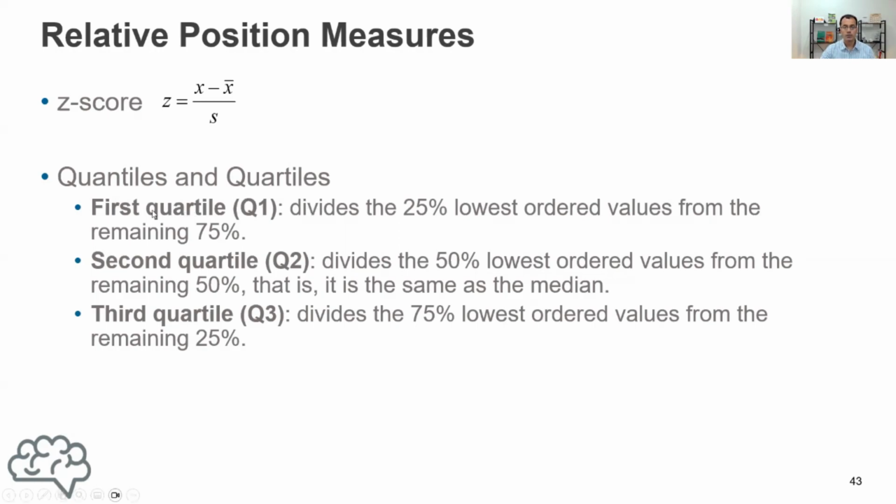As we've seen in the previous class, the first quartile divides the 25% lowest ordered values from the remaining 75%. The second quartile, which is equivalent to the median, divides 50% of the lowest ordered values in relation to the remaining 50%. The third quartile divides the 75% lowest ordered values in relation to the remaining 25%.